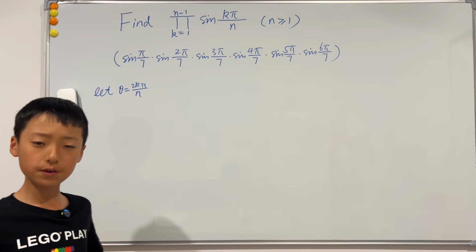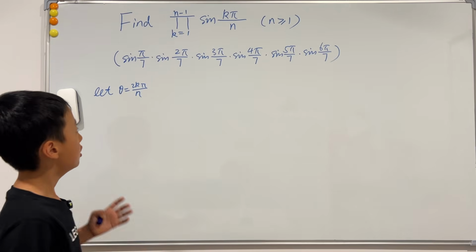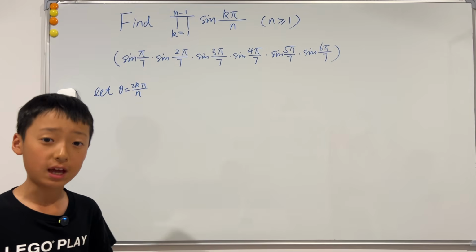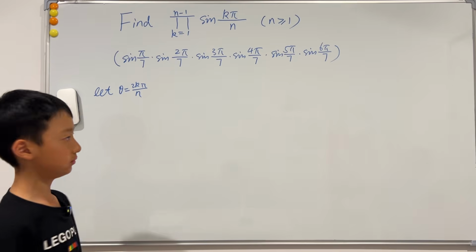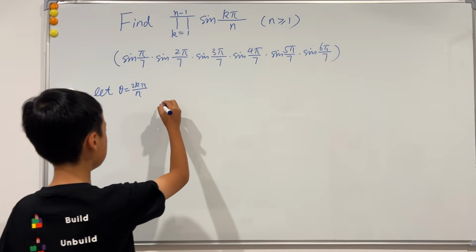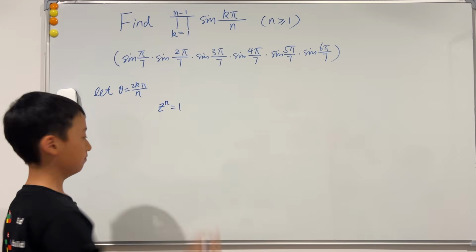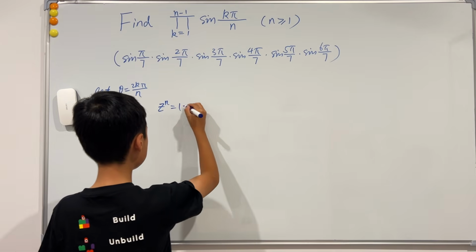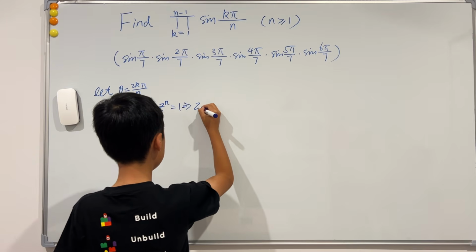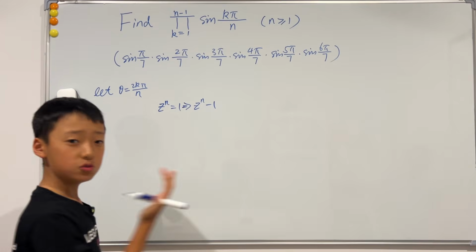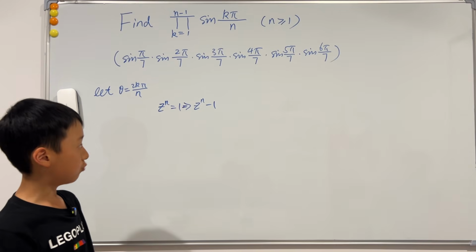Now, with all of this root of unity stuff, what does this also make you think of? Well, of course, the polynomial that gives you the root of unity, or in other words, z to the n is equal to 1 because it is over n. And now, of course, we can write this as z to the n minus 1 is equal to 0. But I'm not going to write that.